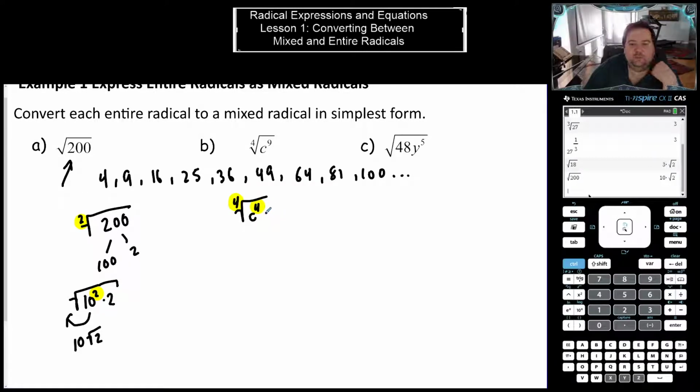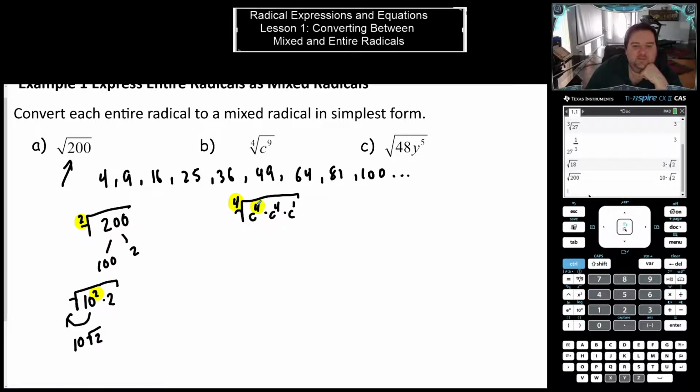C to the power of 4 times c to the power of 4 is what? That's c to the power of 8, because you add these together. And what's going to be left? C. 4 plus 4 plus 1 is 9.